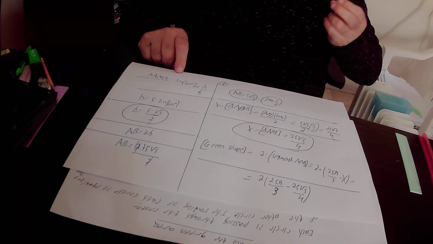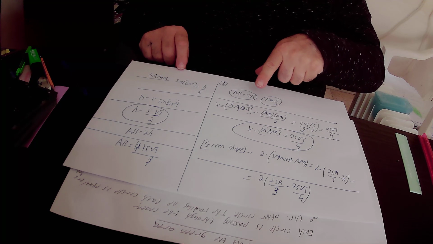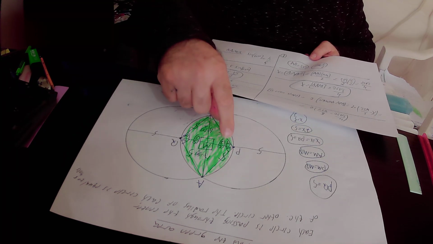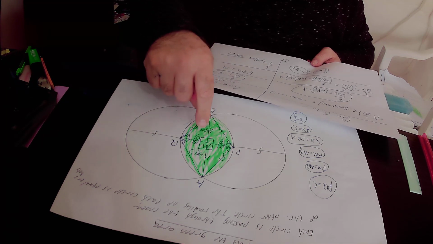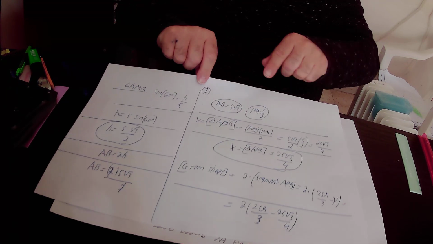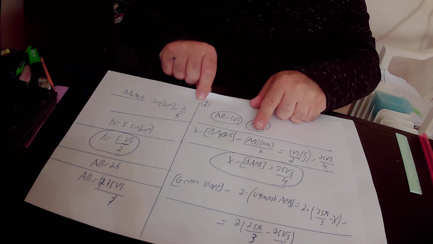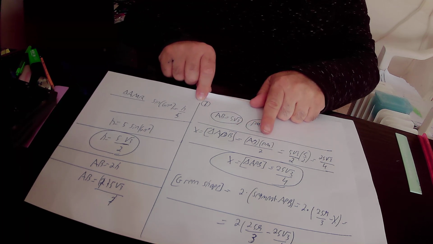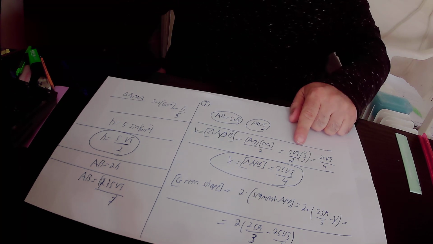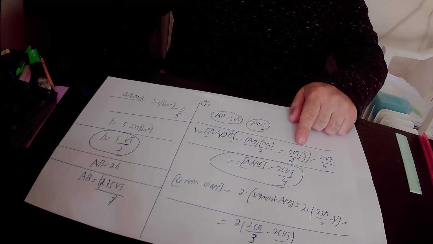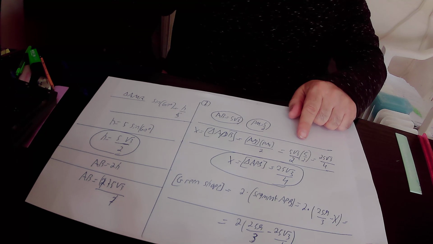And therefore, x, that is the area of triangle APB, is equal to the base AB times the height PM over 2.